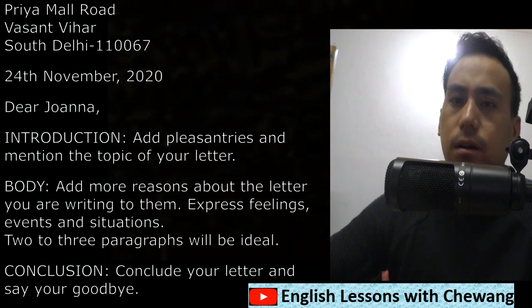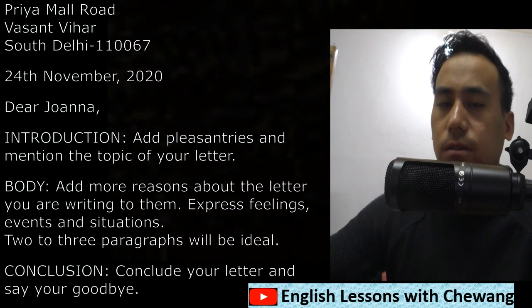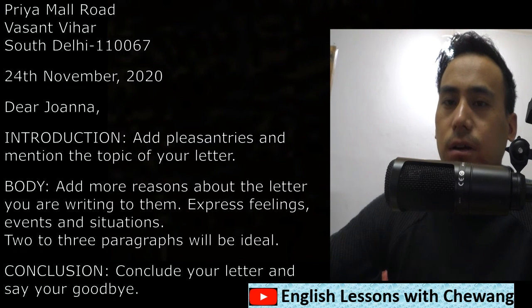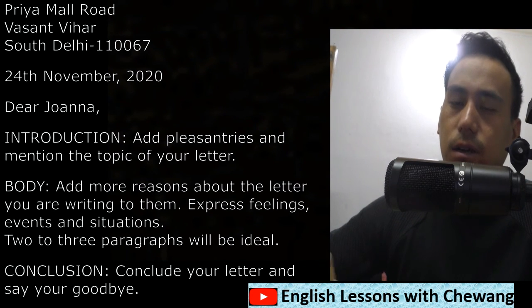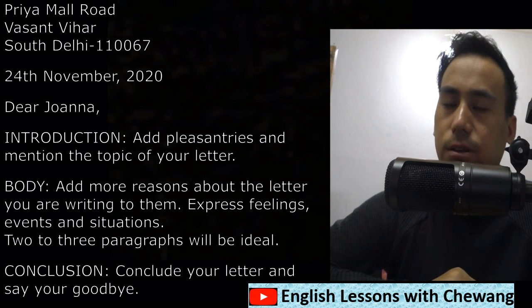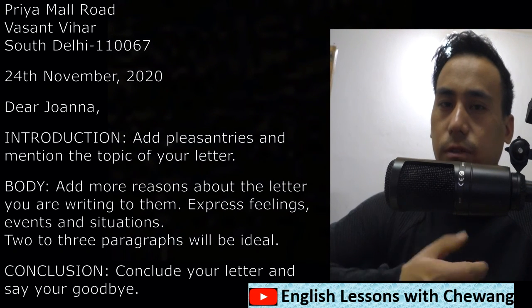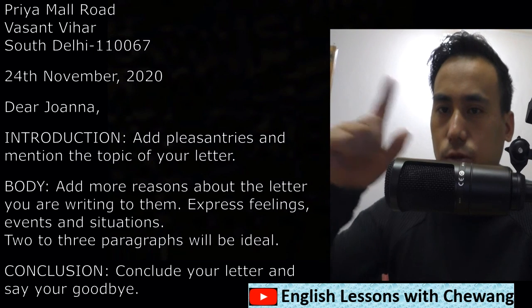So this is it. There are various ways of writing an informal letter. The format is really simple. You don't have to write the address of the person you're sending to, the address of the recipient, in the letter, because in a formal letter we use the address of the recipient as well when we draft a letter.